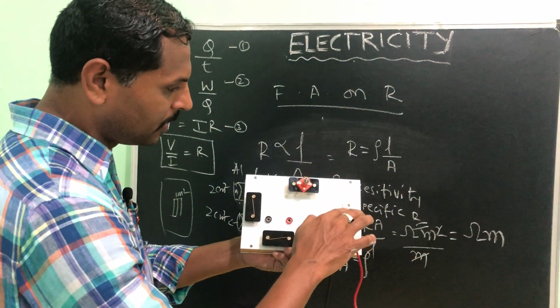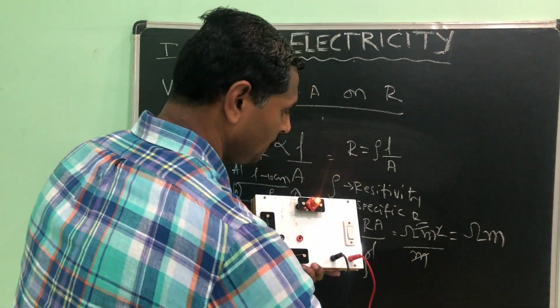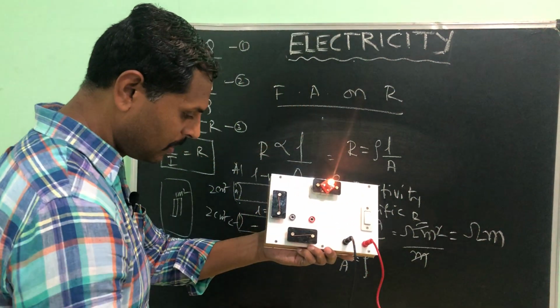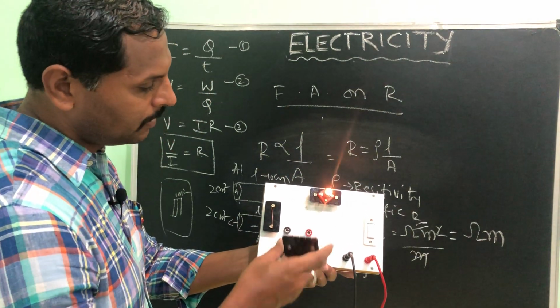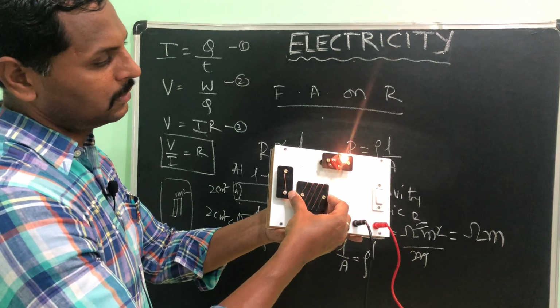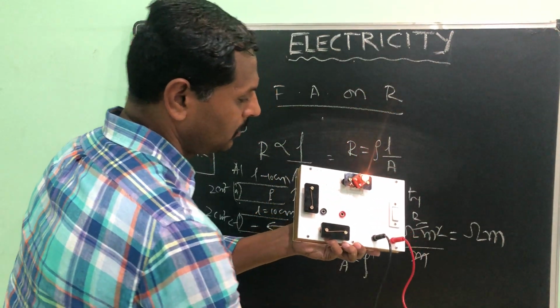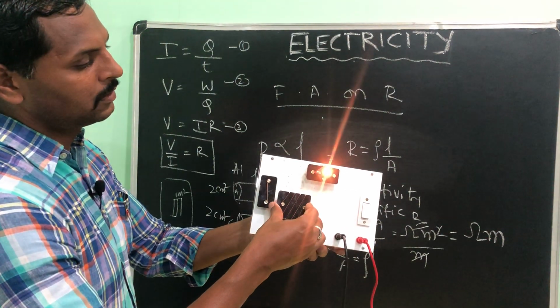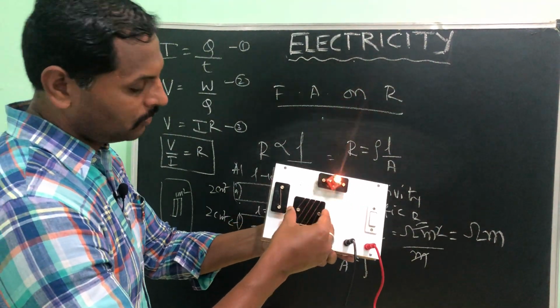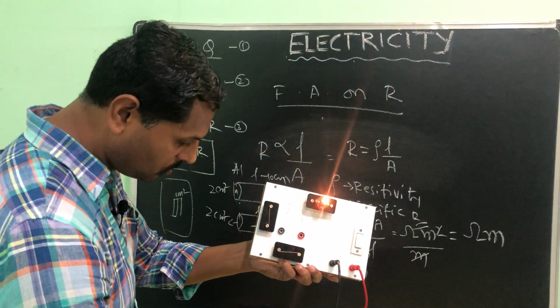This is a complete circuit right now. So resistivity of a conductor varies from material to material.